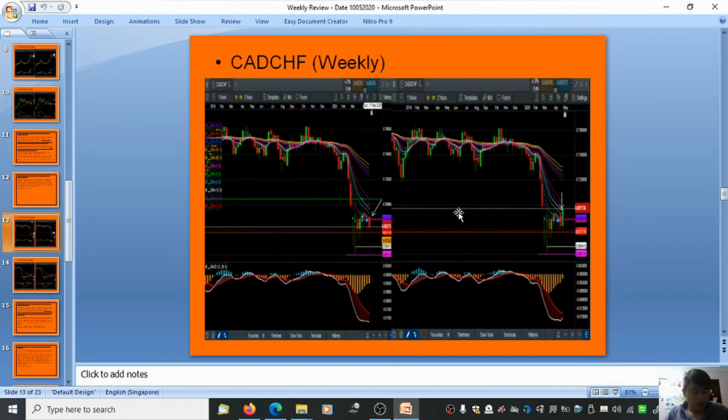So weekly, I base on the first interpretation first. You can see the green candlestick now closes over the red candlestick. But this candlestick actually has a discrepancy with last week, as you can see from the daily chart.